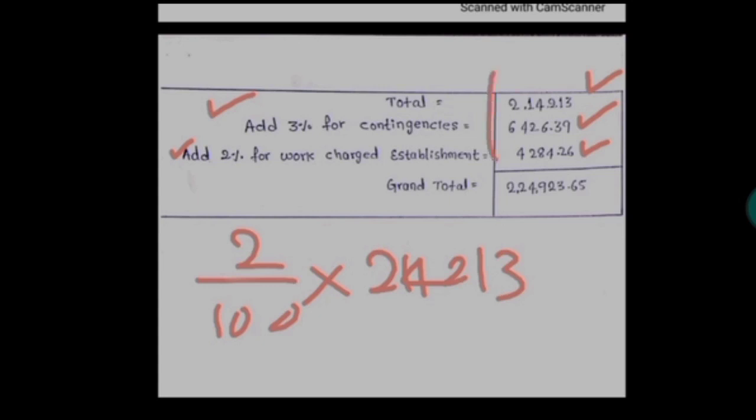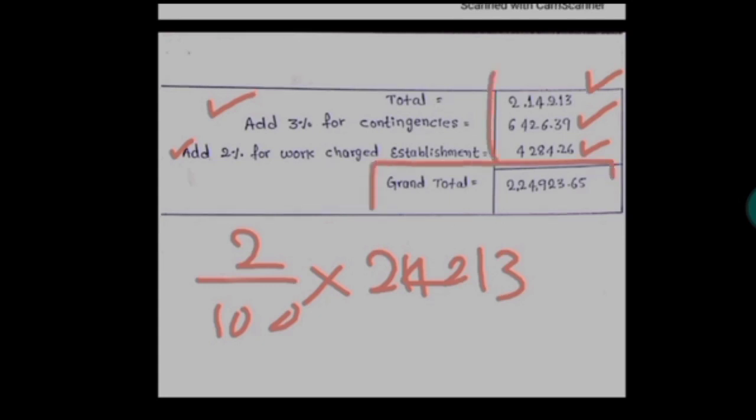Then add all amounts, you will get the grand total, that is 2,24,923.65 rupees. I hope you all understand the long wall and short wall method.